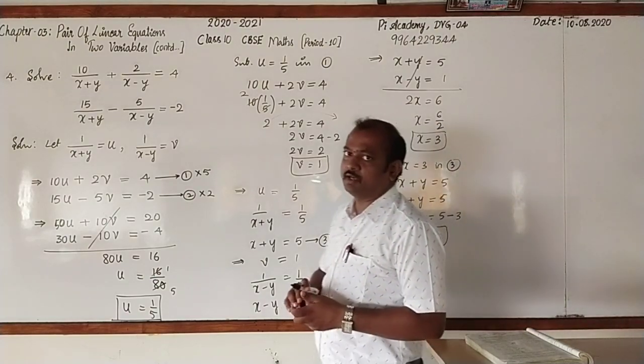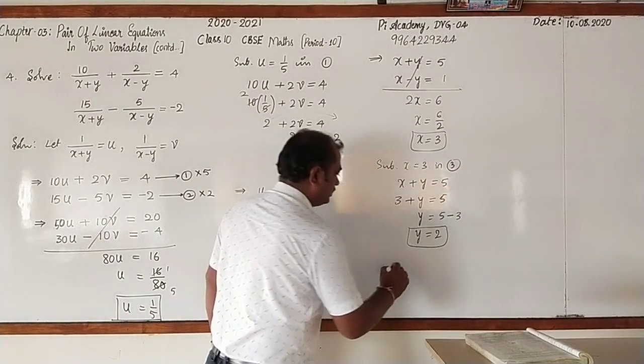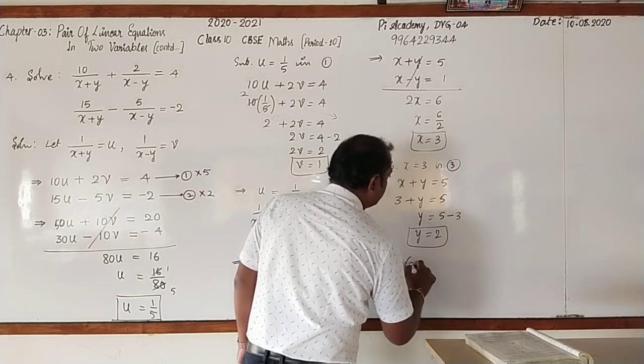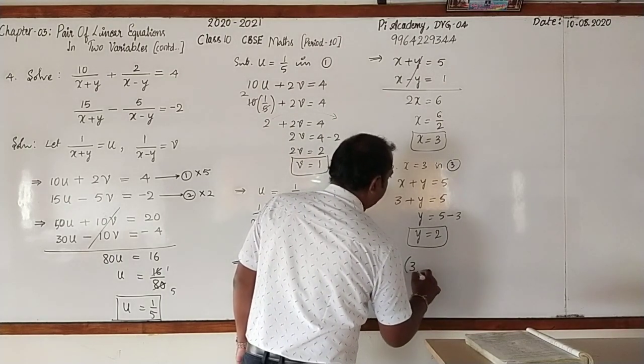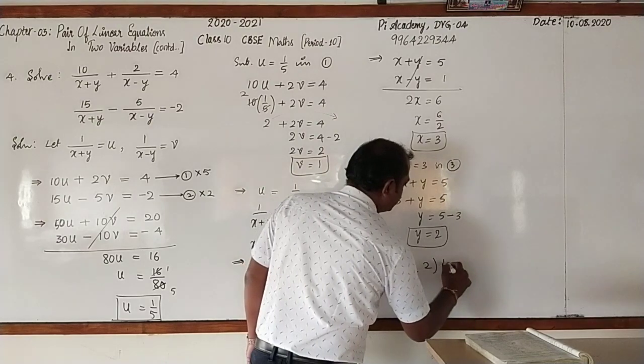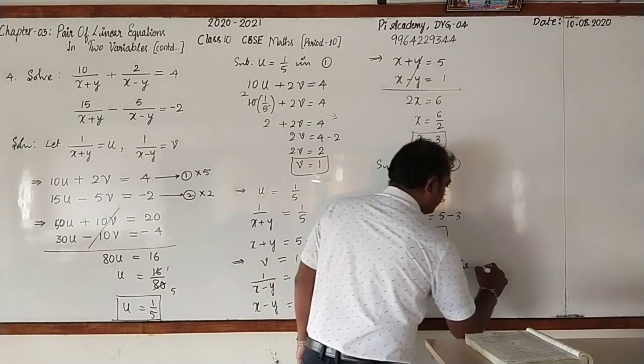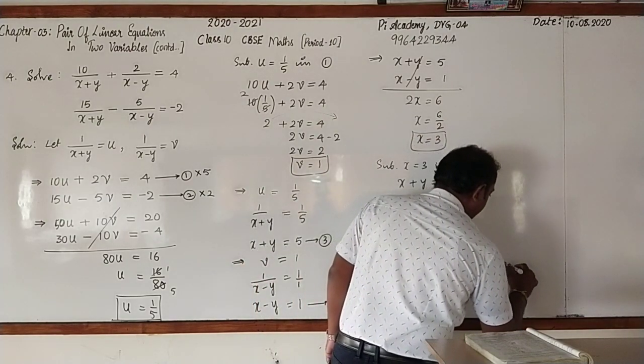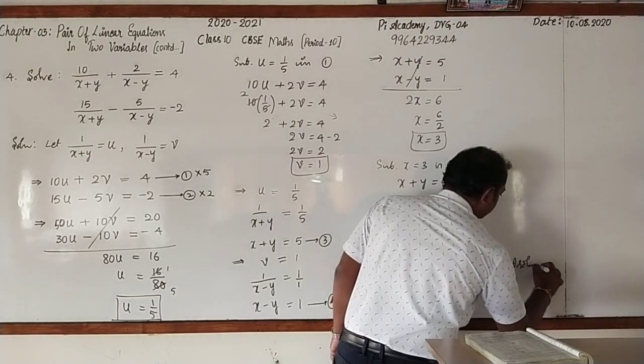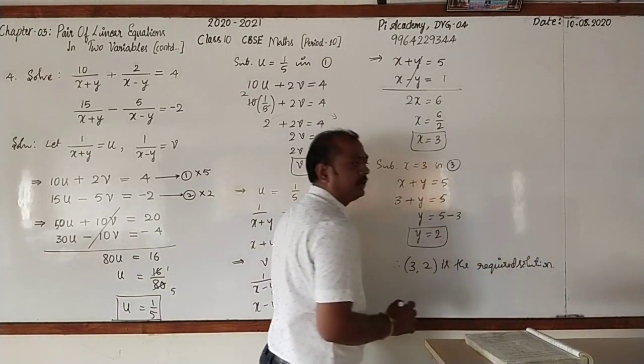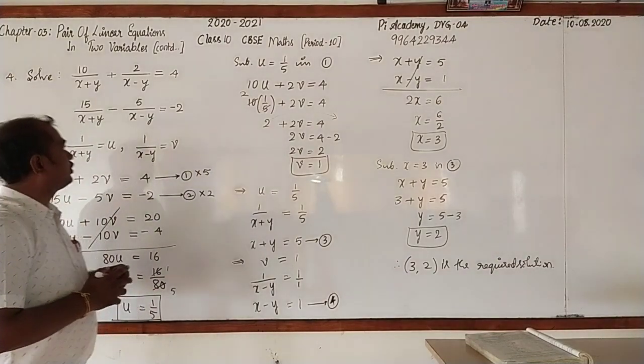We got both the values x and y. Conclusion. Therefore, x is 3 and y is 2 is the required solution. Hope that you have understood and you are going to copy from here.